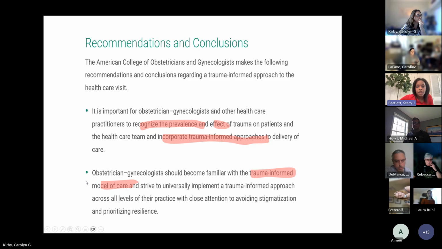So we'll start with their recommendations and conclusions. They use the term obstetrician-gynecologists; we'll scratch that in our brains and just say people who provide pregnancy care. They said it's important for us to recognize the prevalence and the effect of trauma and to incorporate approaches that are trauma informed, and part of that is becoming familiar with the trauma-informed model of care.